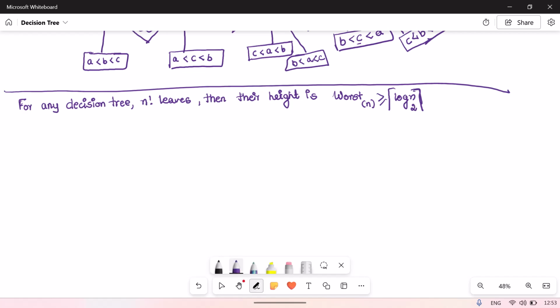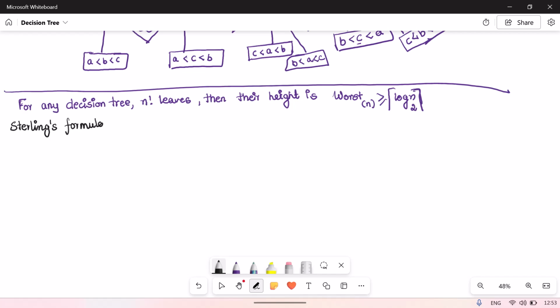Okay. Now using this, we'll find the time complexity. Let us use something called Stirling's formula.